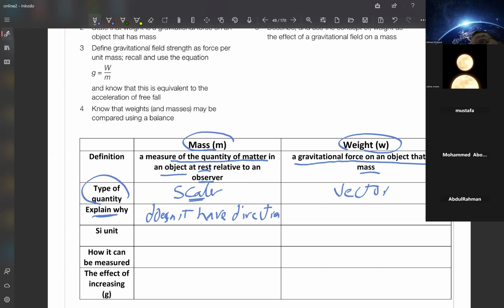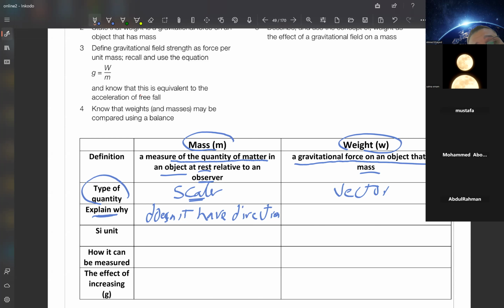If you move from one planet to another planet, mass is the same. So until you study something else in next years, mass is the same. This is the definition of mass, the amount of quantity in the object. It measures the quantity of matter in an object at rest.